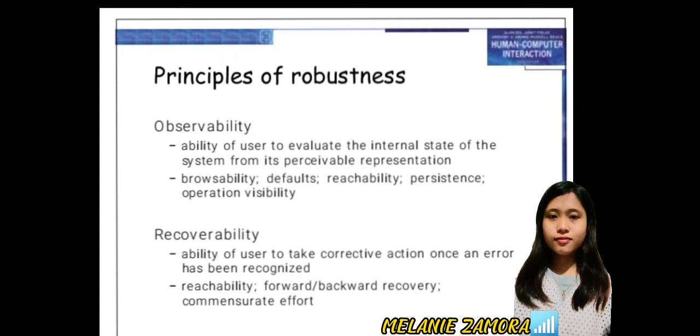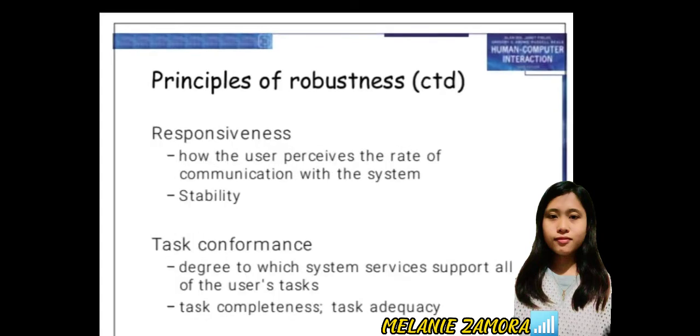Reachability, forward or backward recovery and commensurate effort. And we have also responsiveness: how the user perceives the rate of communication with the system. Stability. Task conformance: degree to which system services support all of the user's tasks, and task completeness and task adequacy.